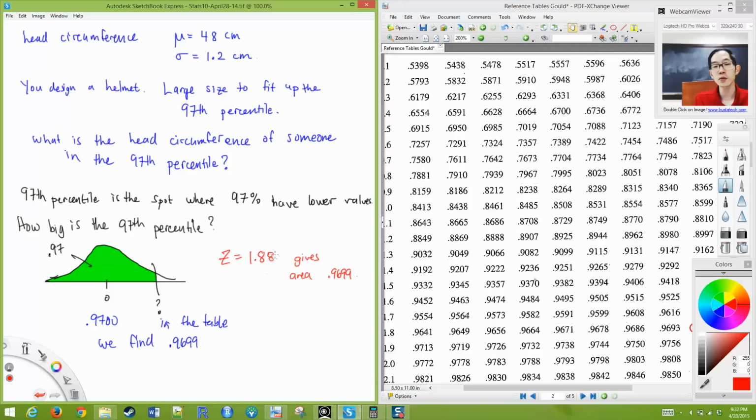And you multiply both sides by 1.2, right? You do 1.2 times 1.88, and then you add 48 to both sides. And you get x is equal, so let's punch this into our calculator, 1.2 times 1.88 plus 48, and I get 50.256.